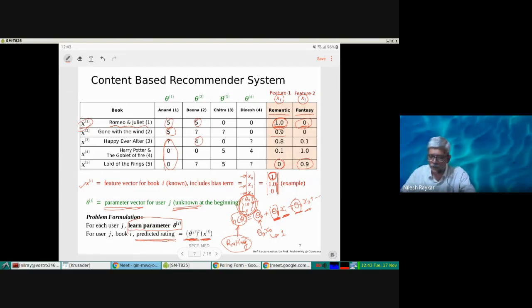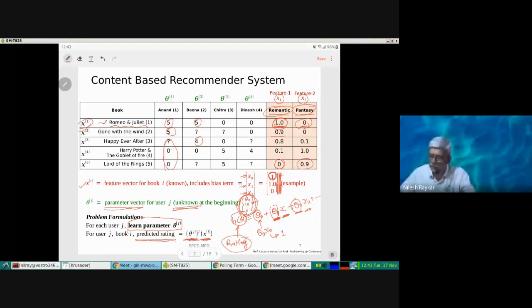What we talked about here is content-based recommenders. They work on knowledge about the features of each product. Each product, in this case a book, has two features, for example whether it's a romantic book or a fantasy book. An expert comes and tells you the content of each book, so for each book you get a feature vector which tells how much romantic content and how much fantasy content that book has.